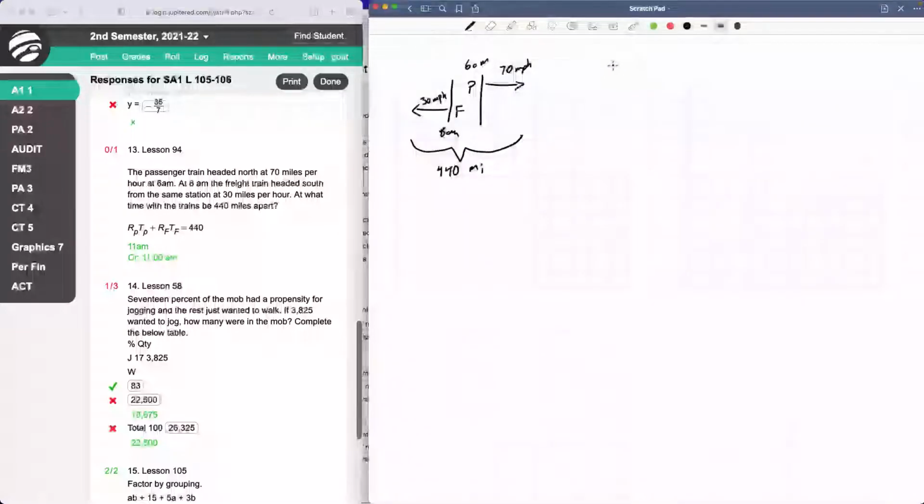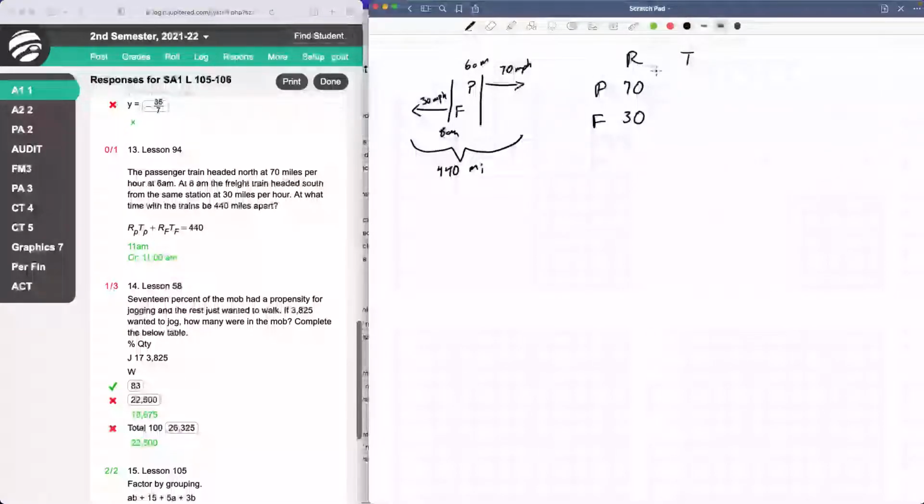So all you have to do is make your table. So the rate and the time of the passenger and the freight. So we know the rate of the passenger is 70 miles per hour. We know the rate of the freight is 30 miles per hour. Okay, so we need to find the time for each.